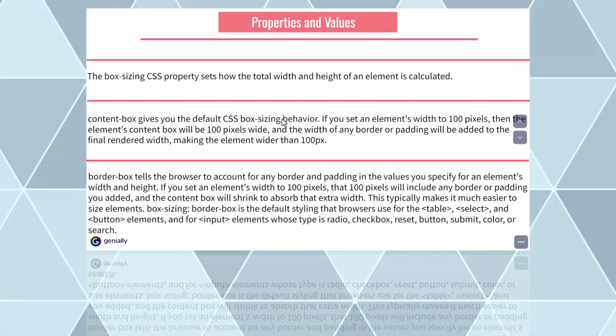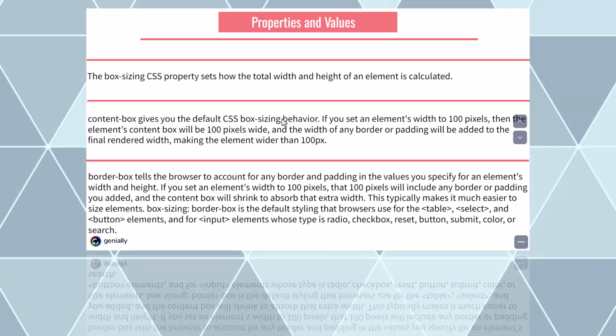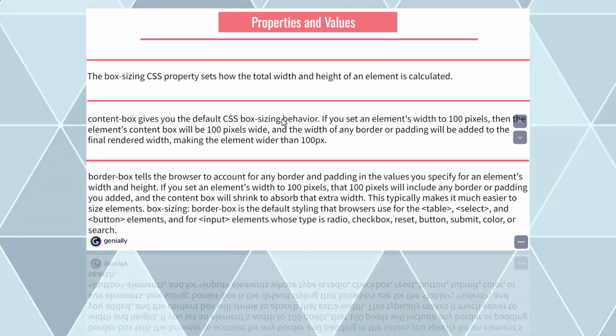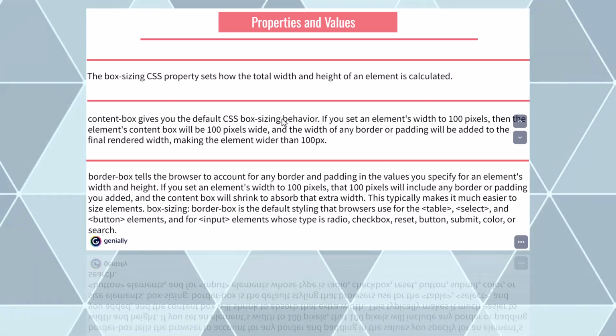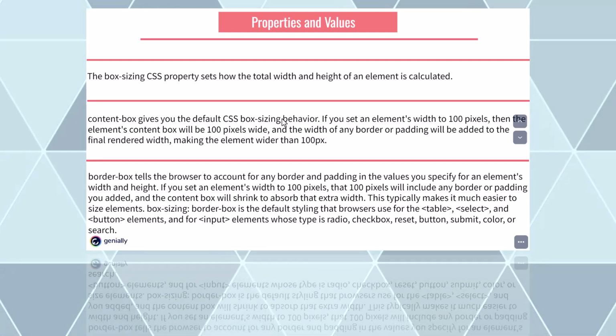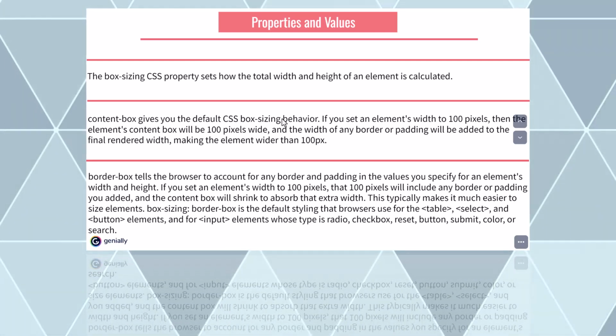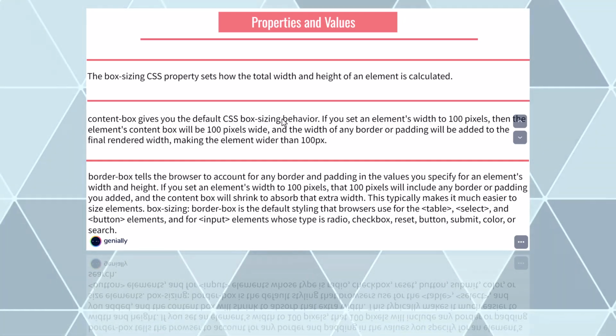Let's simplify this again. Content box gives you the default CSS box sizing behavior. If you set an element's width to 100 pixels, then the element's content box will be 100 pixels, and the width of any border or padding will be added to the final element, making the element wider than 100 pixels.